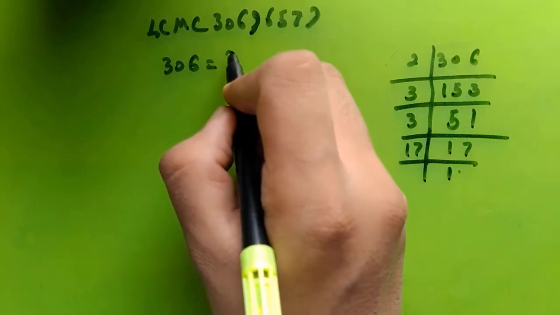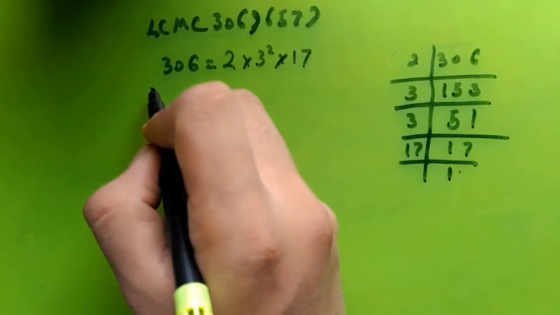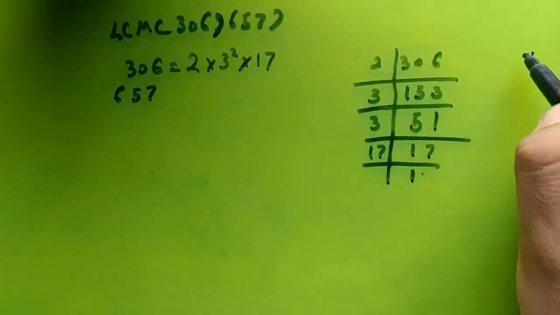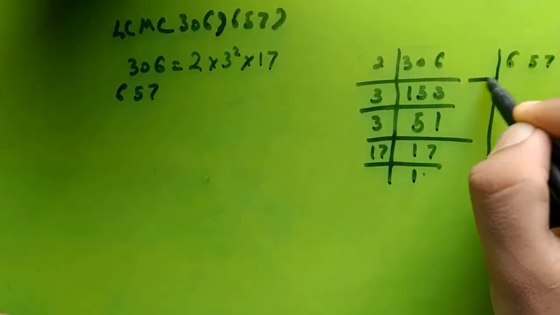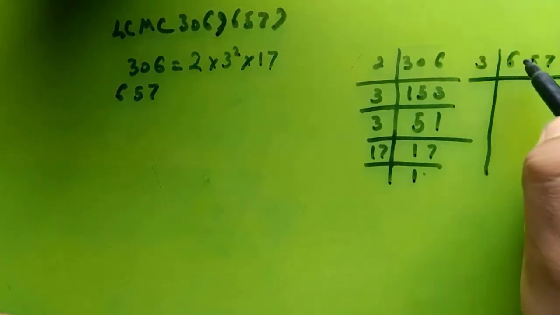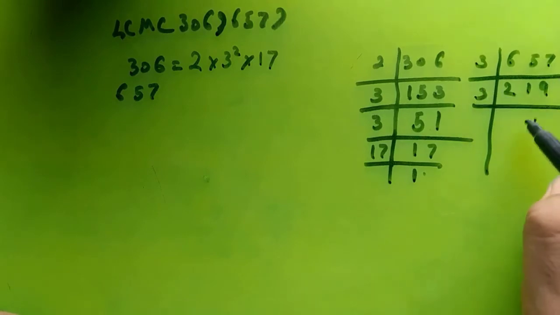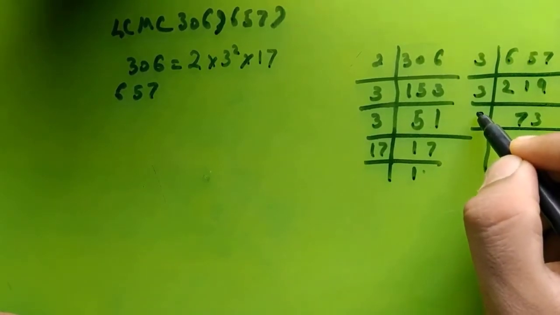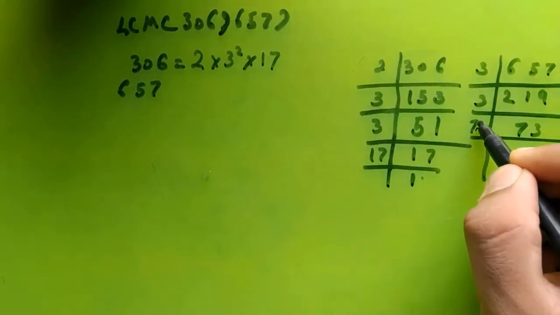Therefore 306 is equal to 2 into 3 square into 17. 657 divided by 3 is 219, divided by 3 is 73, which is a prime number. Therefore 73 into 1.